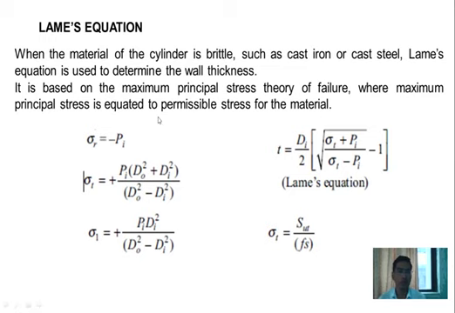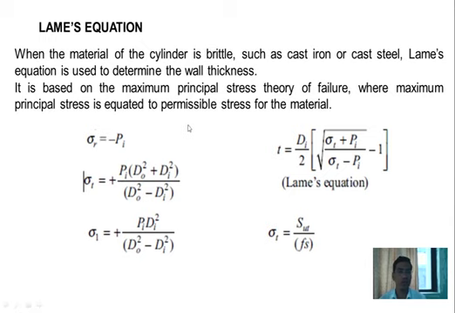By using this theory, we are going to calculate the actual stress required for the design of the cylinder. That value should not be greater than the allowable or permissible stress value. So Lame's equation gives us that value, and we can predict whether the design of the cylinder is safe or not.